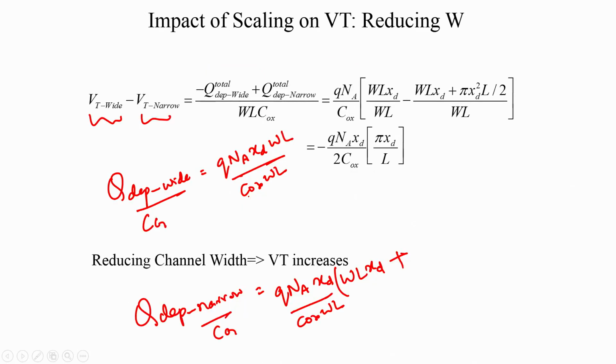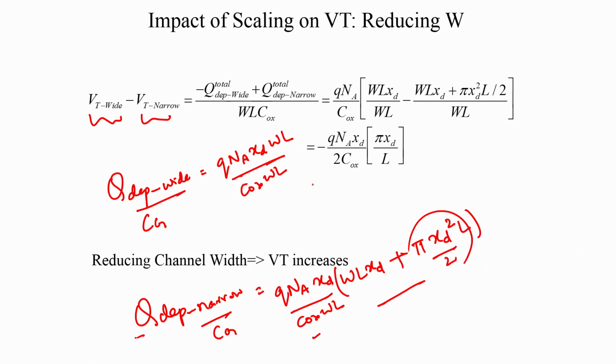So if you bring in that little accuracy in the picture, you will find that we use the area of that little sector to define this excess area being depleted. That divided by Cox into WL is this term. So what is the difference between these two terms?